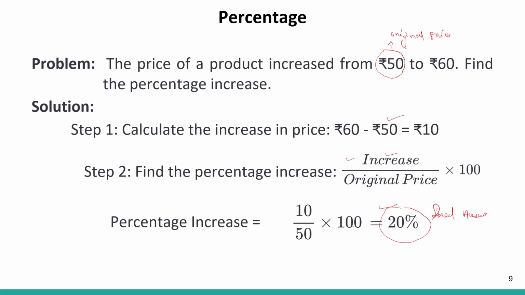The price of the product increased from 50 to 60, we wanted to find the percentage increase. We calculated the increase in price, 60 minus 50 is 10, and the percentage increase is equal to the increase by original price into 100.